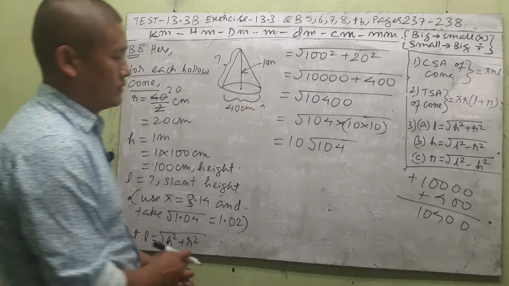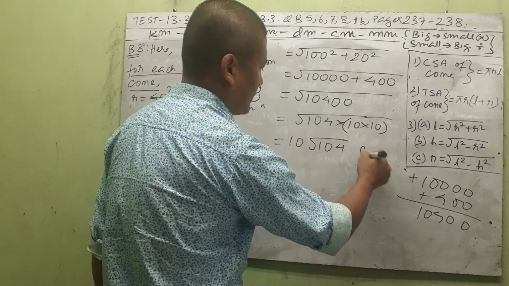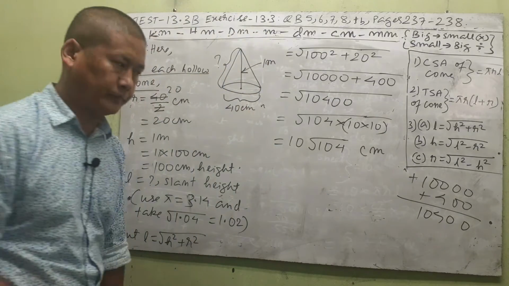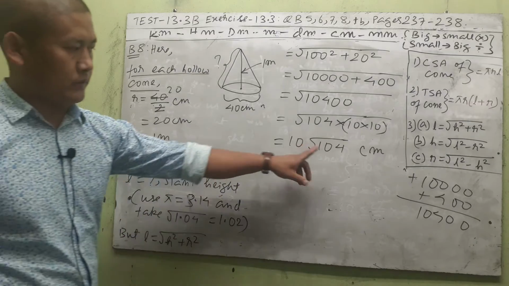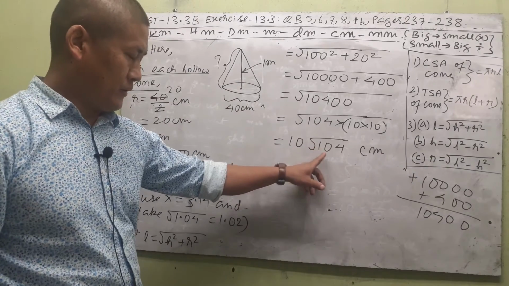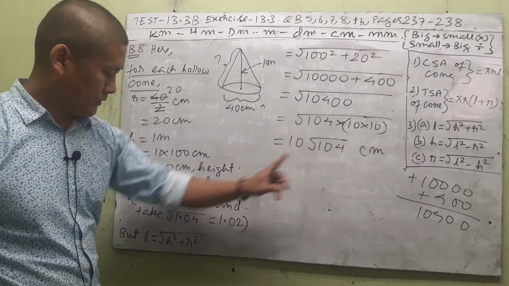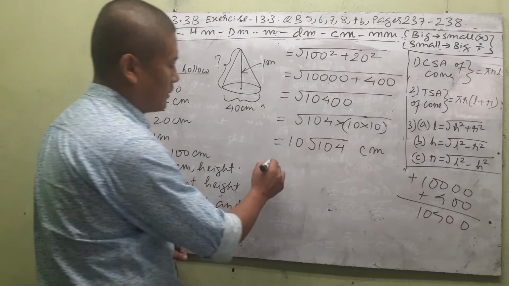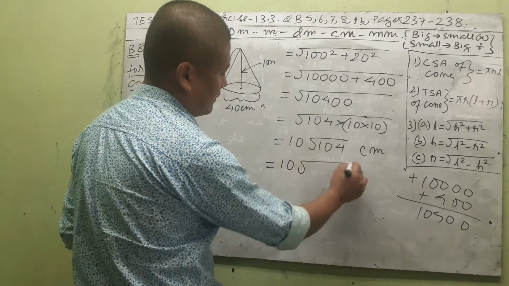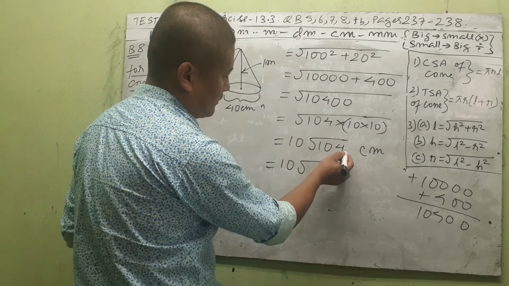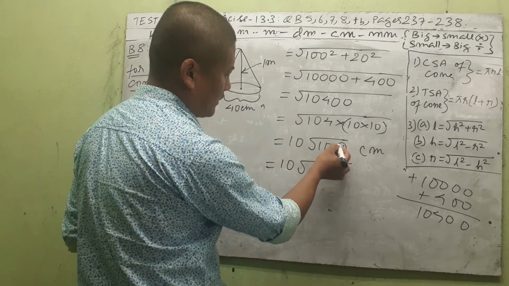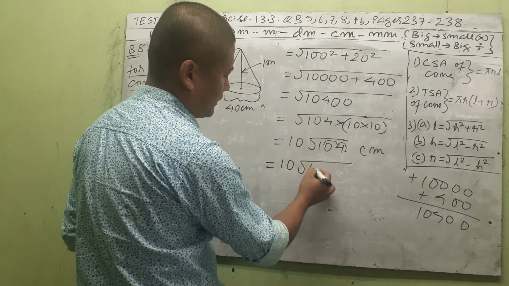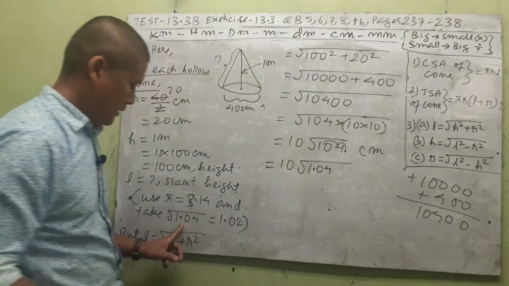You can write here centimeter. They have given us the value of root 1.04 and not 104, so we can change this 104 to the format 1.04. How? To do that, the decimal, which is on the extreme right, has to come between 1 and 4, so 1.04. Then it's matching.